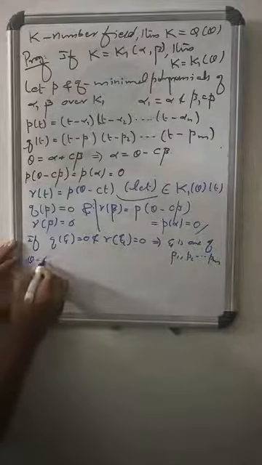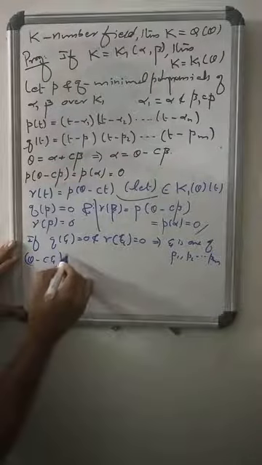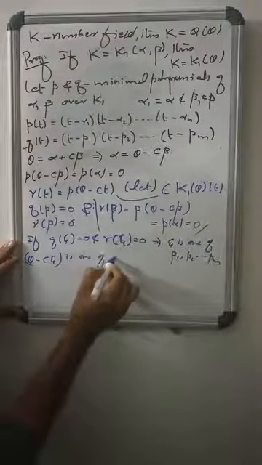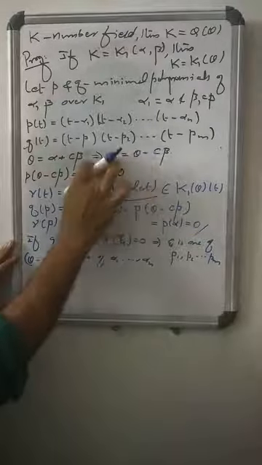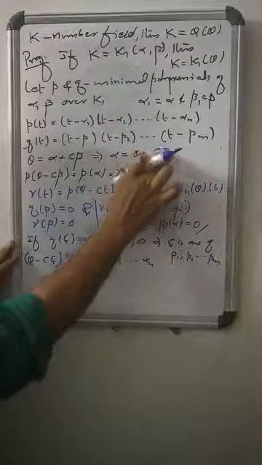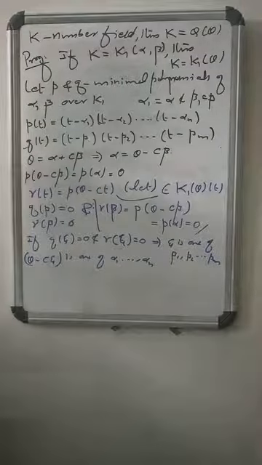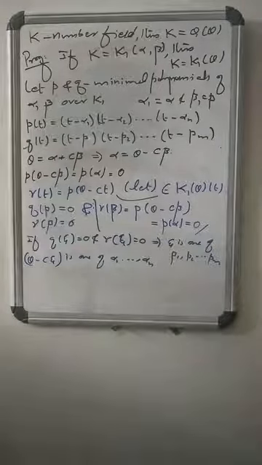Also theta minus c theta is one of alpha 1, etc., alpha n. Why? Because theta minus c beta is alpha. Therefore theta minus c theta is one of alpha 1, alpha 2, etc., alpha n. Okay.